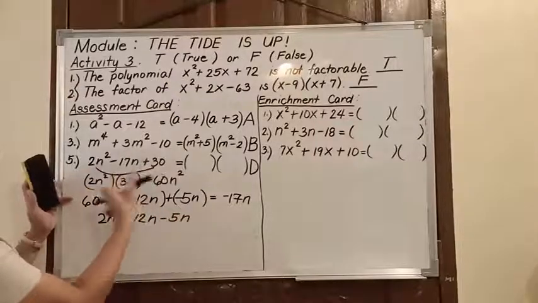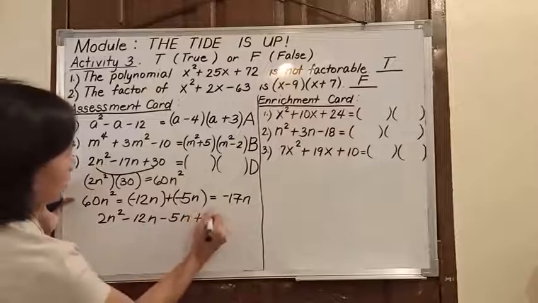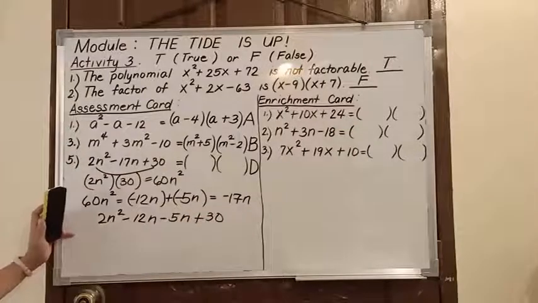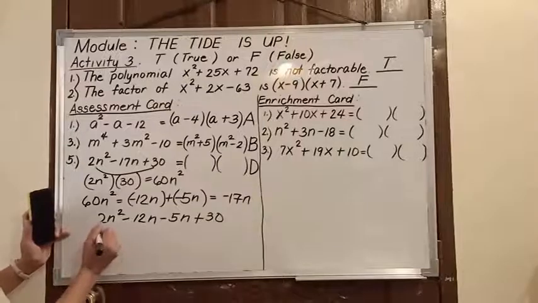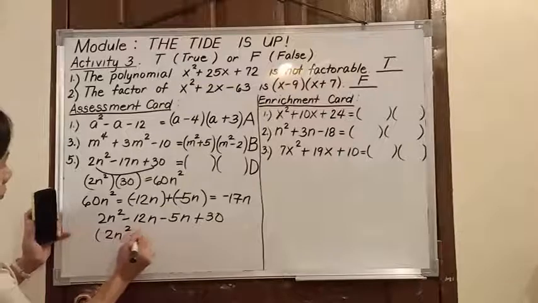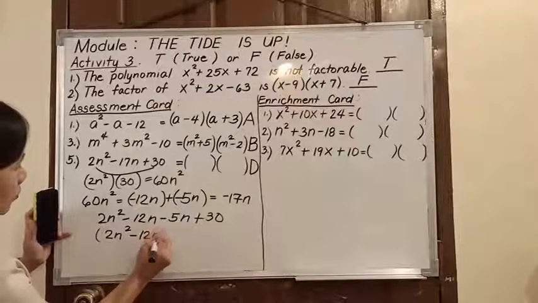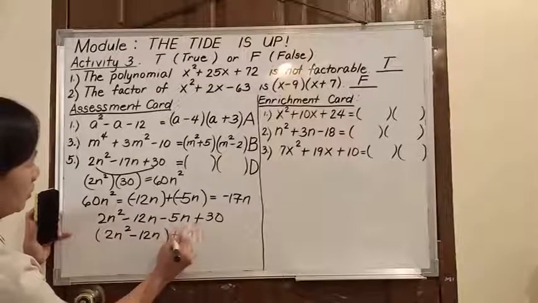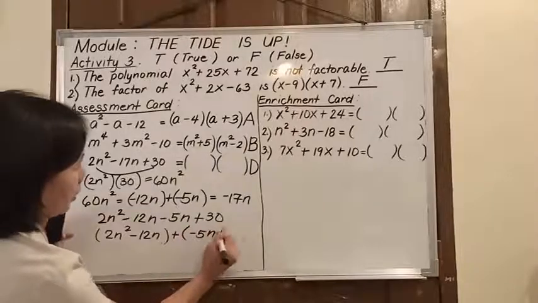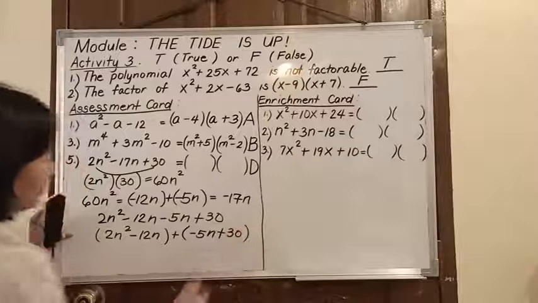And then retain the last term that is positive 30. Then let us factor this by AC method. I-group natin yung first and second term. Then another group for negative 5n at saka yung last term.